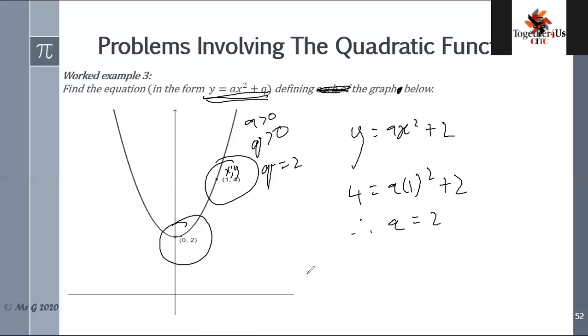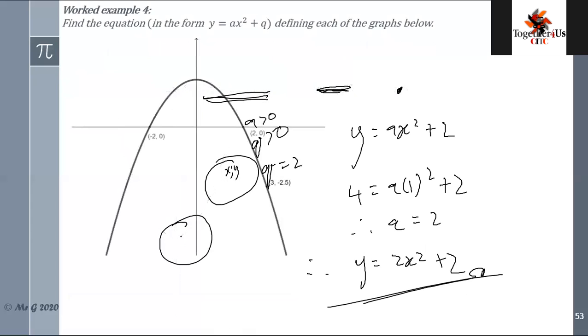So therefore, my graph is y equals 2x squared plus 2. You now know how to sketch. Now we are checking. Given a sketch, can you give us the equation that generated the sketch? Okay, so it's the vice versa of what you were doing last week.